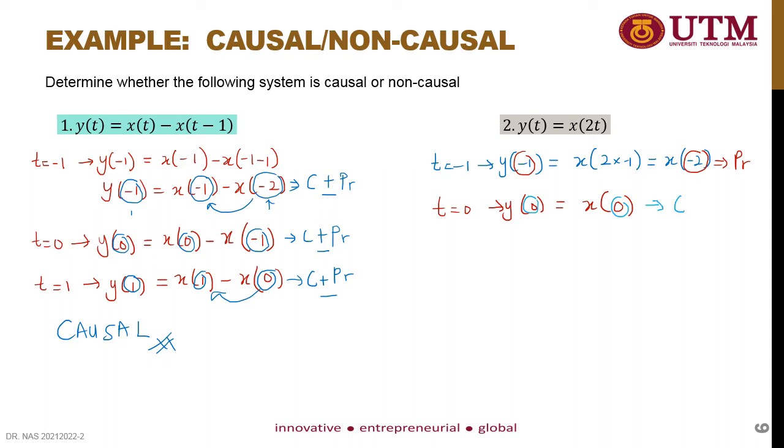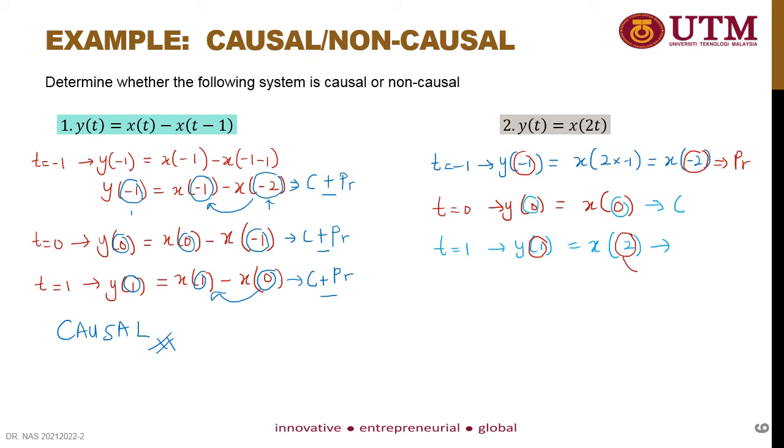Okay, let's try positive t values. y(1) equal to x(2 times 1), you get x(2). So here, look at the states. The current state of the system is 1, but in the input you have 2.